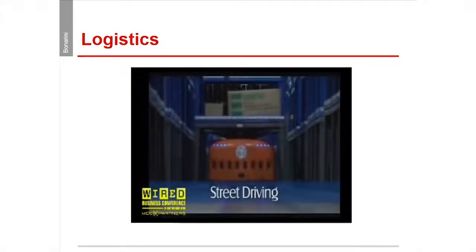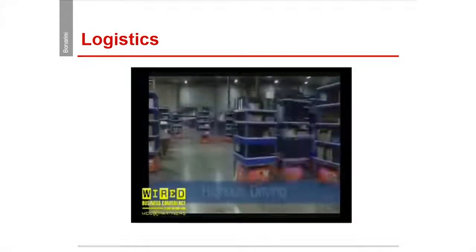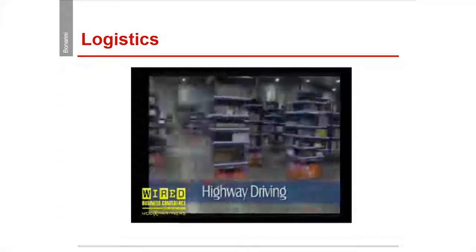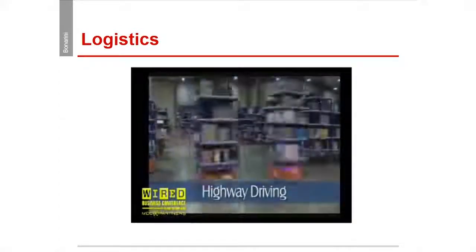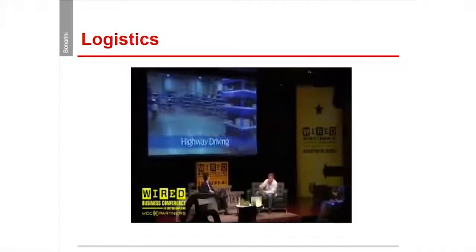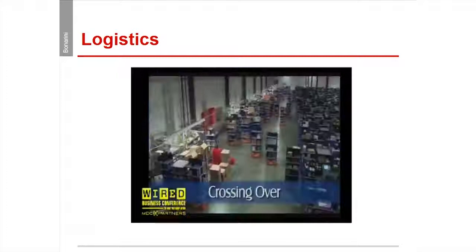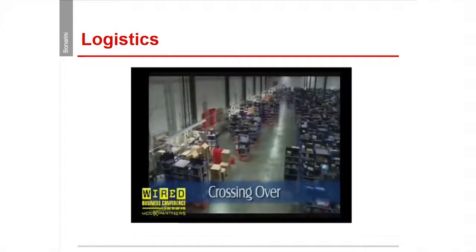So the storage is dynamic, everything changes. They move in streets, and then they have highways. This is a little bit accelerated. The idea is that we have these robots. This is taken from an interview.